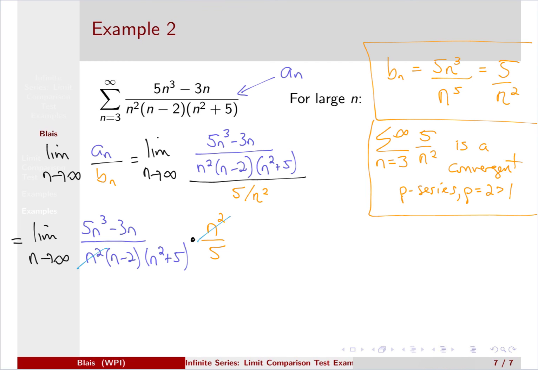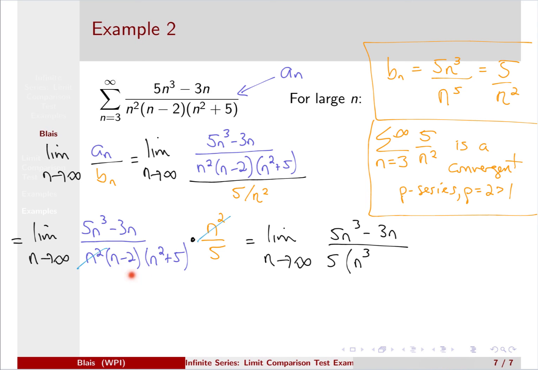So to compute this limit, we need to multiply out the denominator. So the numerator, we have 5n cubed minus 3n. In the denominator, we have a 5, and then we FOIL this out. So for the first terms, we get an n cubed.